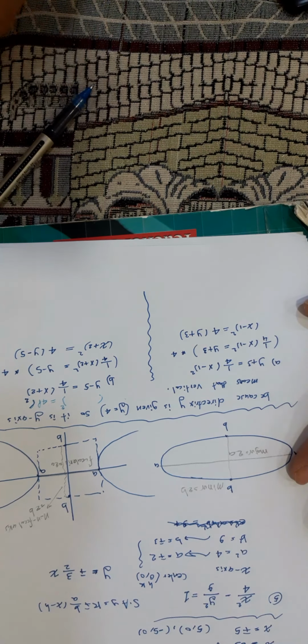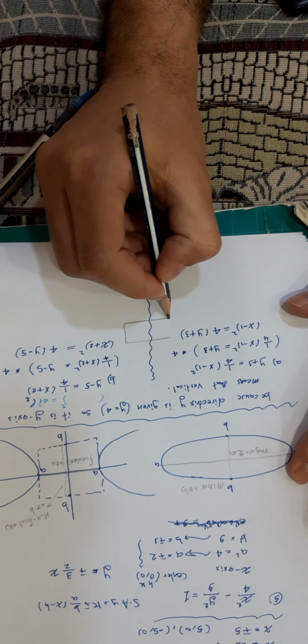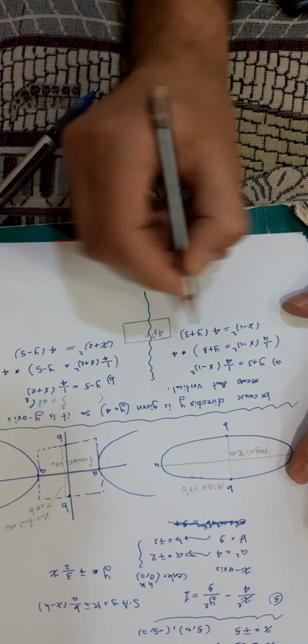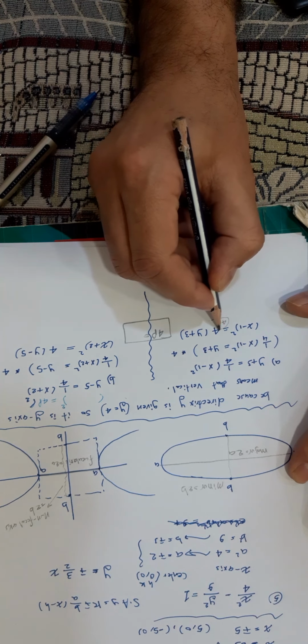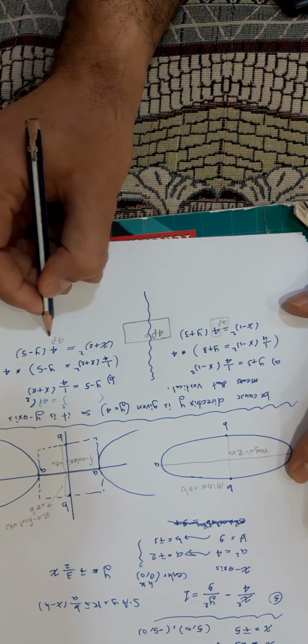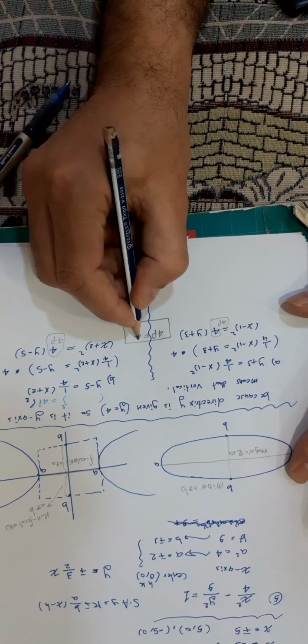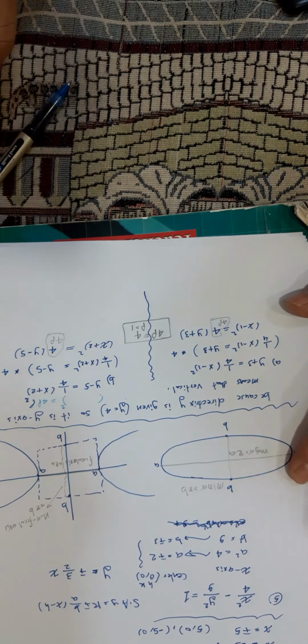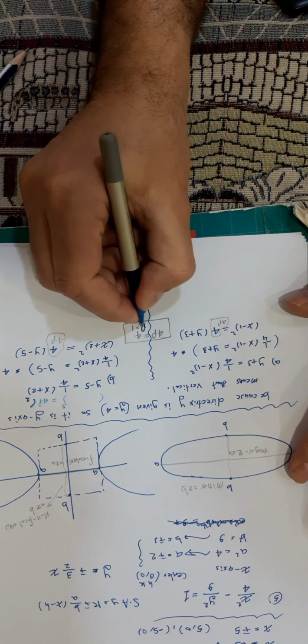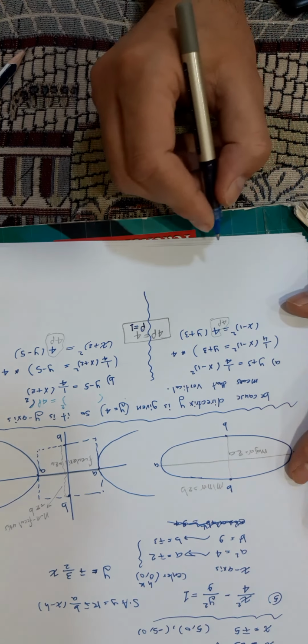So for both equations, 4p is equal to 4, so p is equal to 4 divided by 4, which is 1. So p is equal to 1 for both equations.